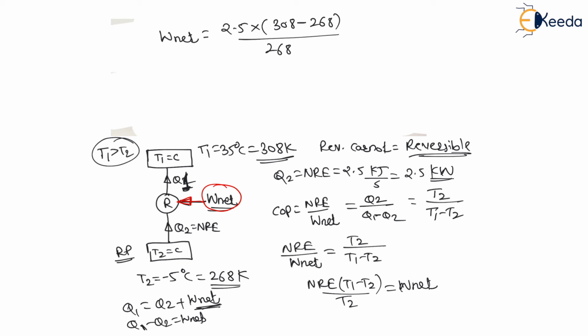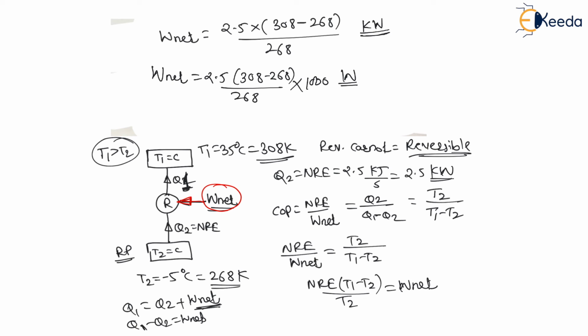And in this formula, we have kept the net refrigerating effect in kilowatt, so this answer will be in kilowatt. But in the question, they are asking for the answer in watt. Therefore, W net is equal to 2.5 into 308 minus 268 divided by 268, into 1000. This answer will be in watt.